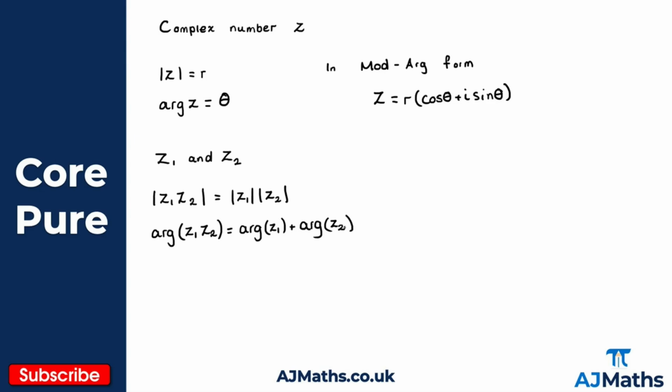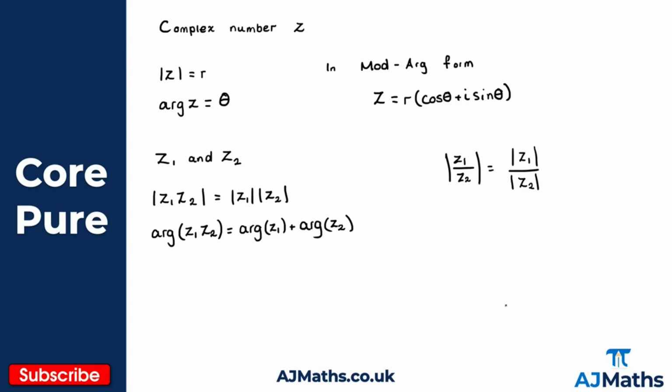And we can also do the same here for division. Let's say we're looking for the modulus of z1 over z2. So again, just using these same complex numbers, we can write this as the modulus of z1 divided by the modulus of z2.